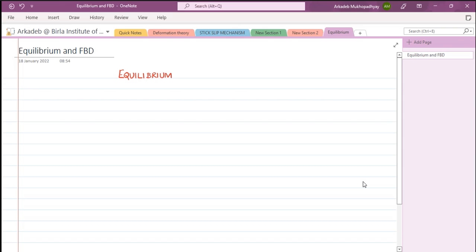Equilibrium and free body diagrams. In short, FBD. Right.